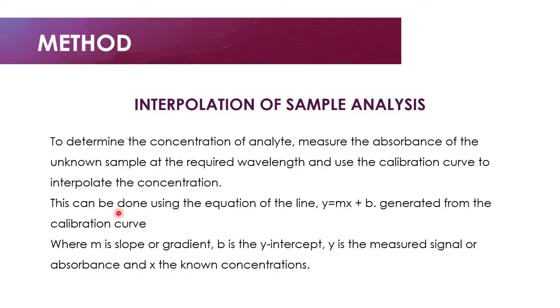And this can be done using the equation of the line as explained earlier, giving us y equals mS plus b, generated from the calibration curve, where m is the slope or gradient, b is the y-intercept, y is the measured signal or the absorbance, and S is the known concentrations on the S-axis.